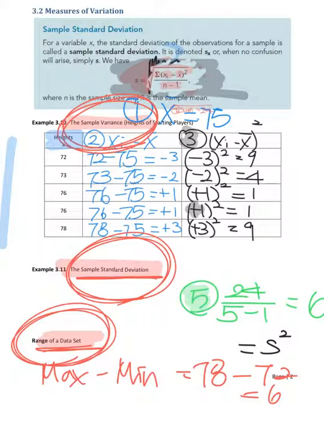In step number 1, we take the mean, the average. What will be the unit for the average? The average was 75. The unit will be inches again. Does it make sense? 75 inches on average.